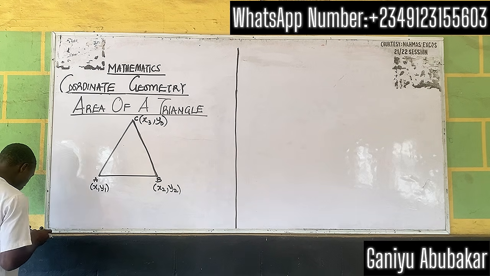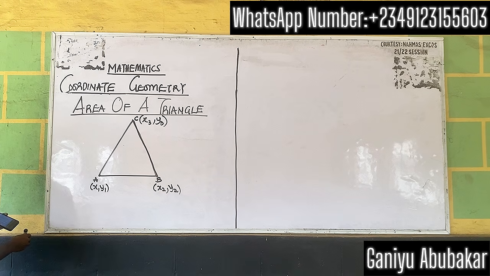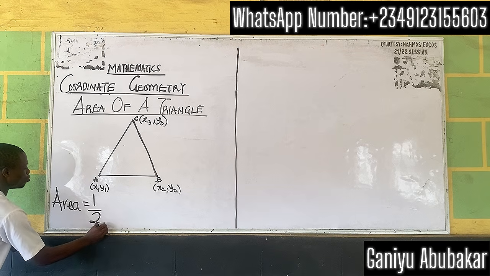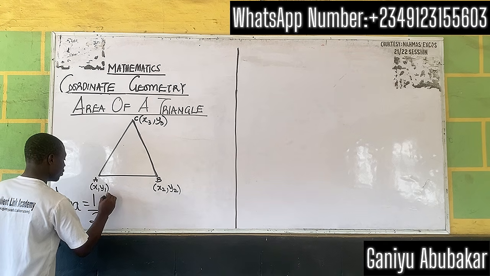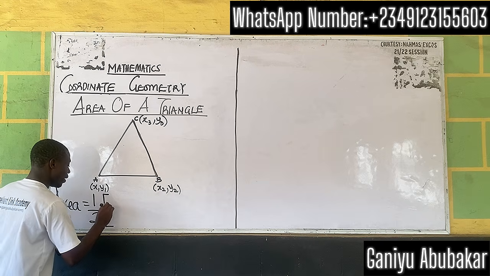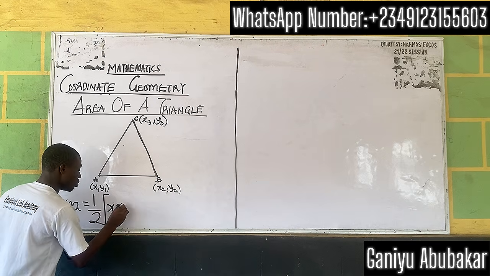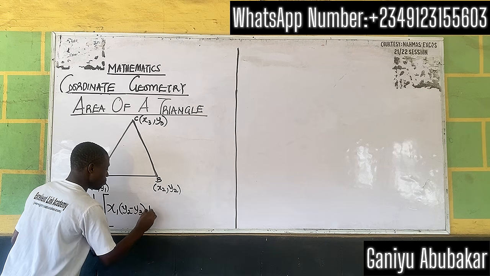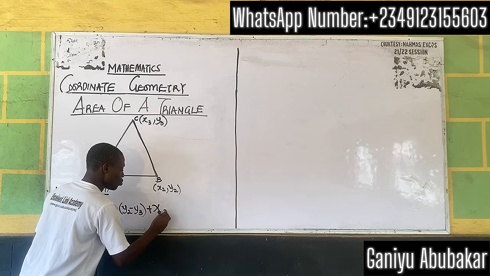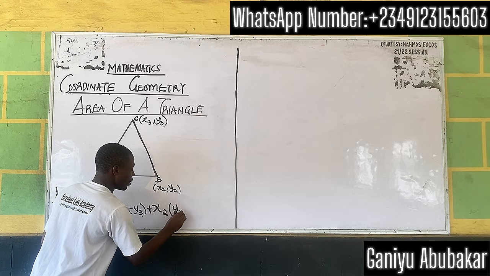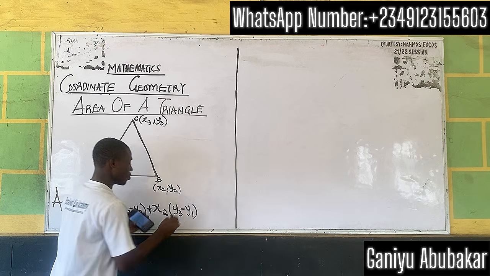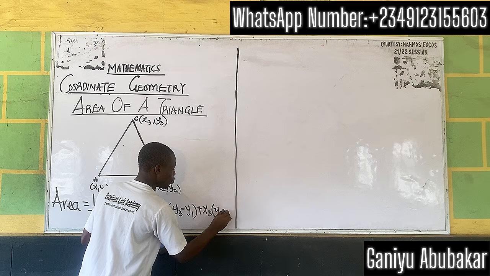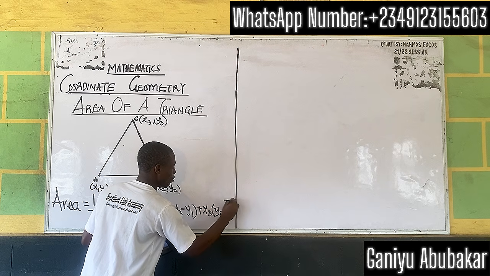coordinate geometry, the area is given by 1 over 2, which is half, into x1 in a bracket y2 minus y3, plus x2 into y3 minus y1, plus x3 into y1 minus y2.